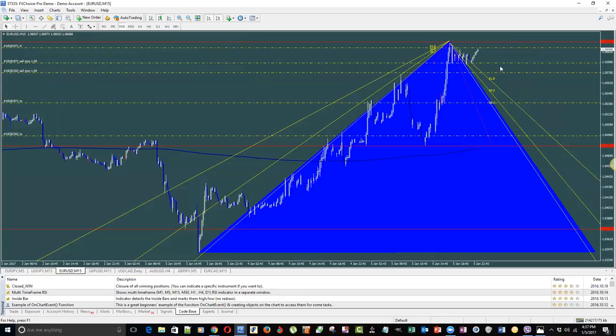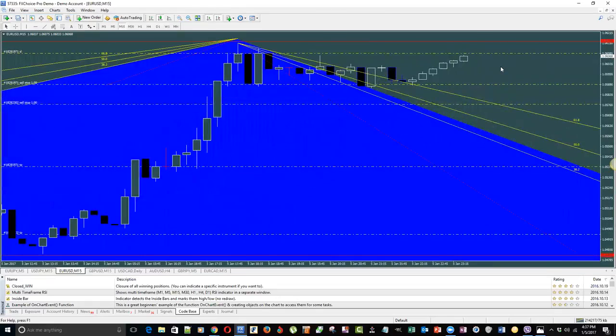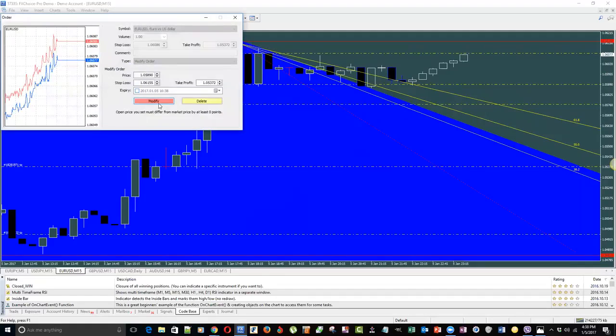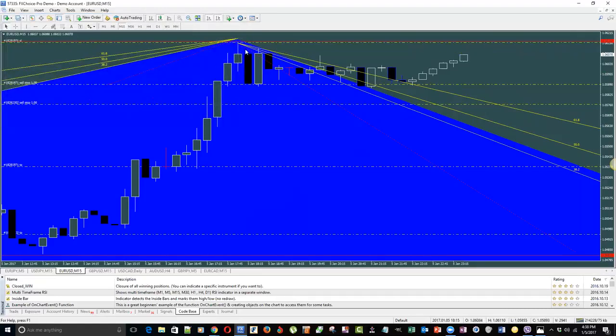But once this move is done, it enters down here. It could make one more advancement up here. Which is why you want your stop loss to be at least right here at the peak. At the peak of this height.